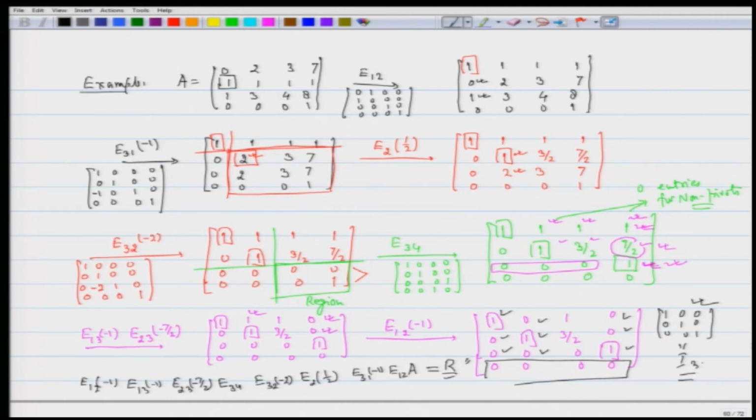So, I have applied so many elementary transformations on A to get R.